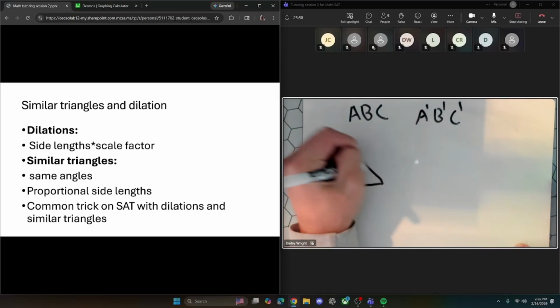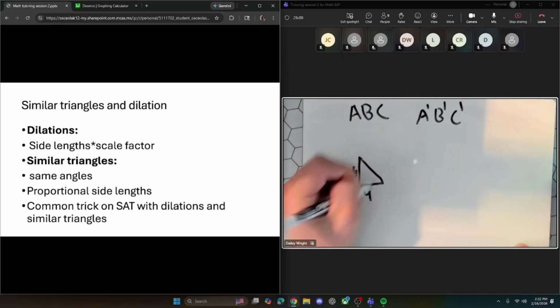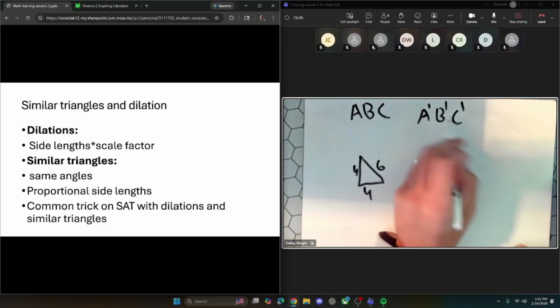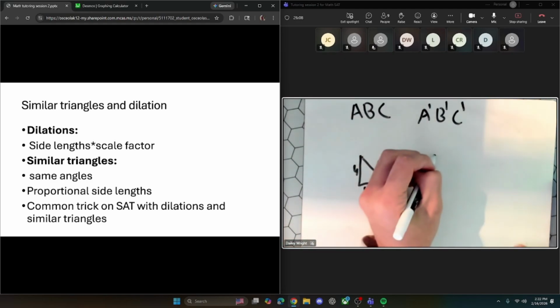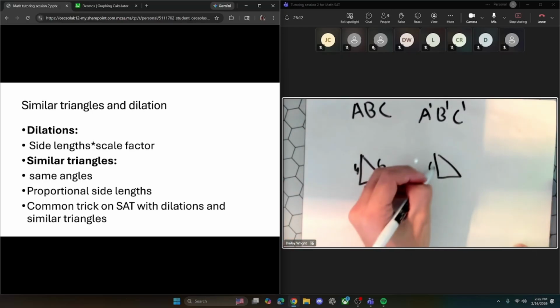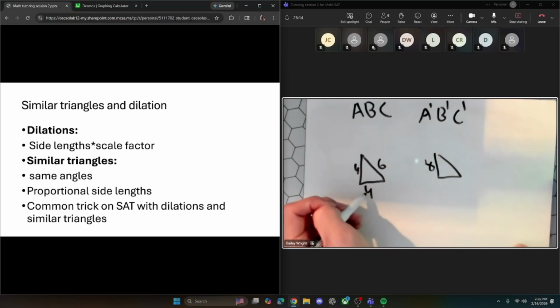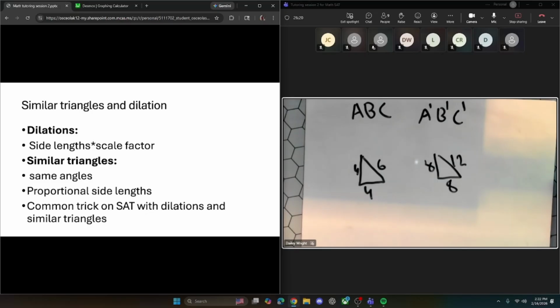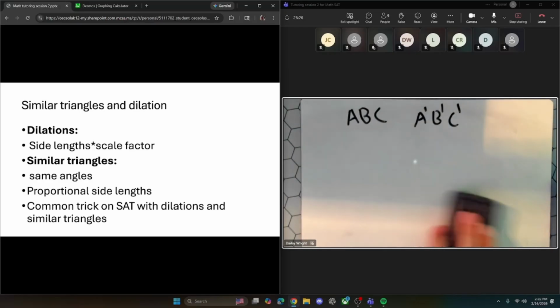If ABC was like 4, 4, 6, then A prime, B prime, C prime would be 4 times 2, which is 8, 4 times 2 again, which is 8, and then 6 times 2, which is 12. So you're just multiplying all the sides by whatever the scale factor of the dilation is.